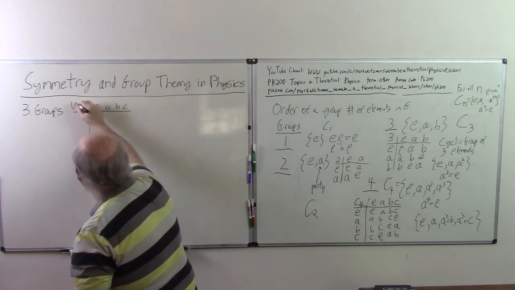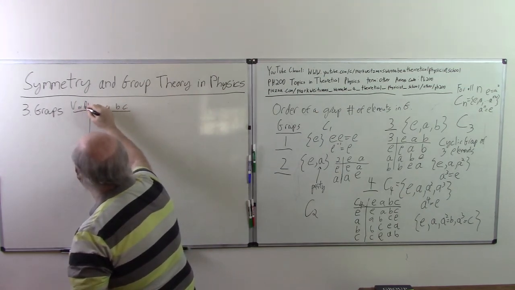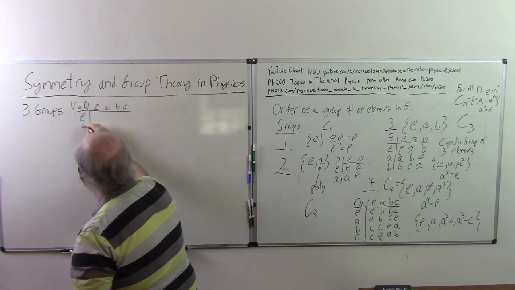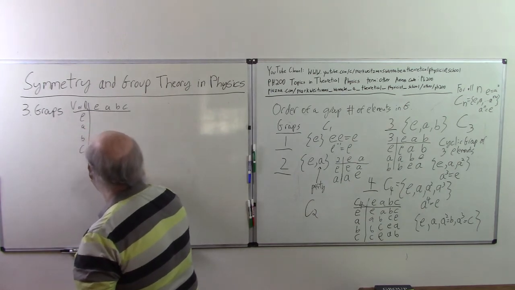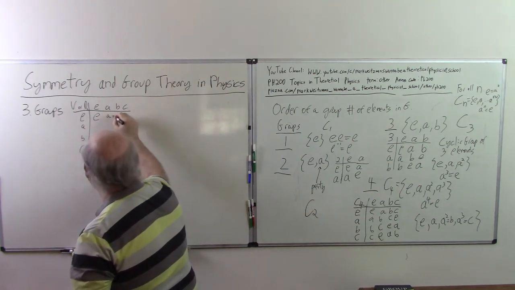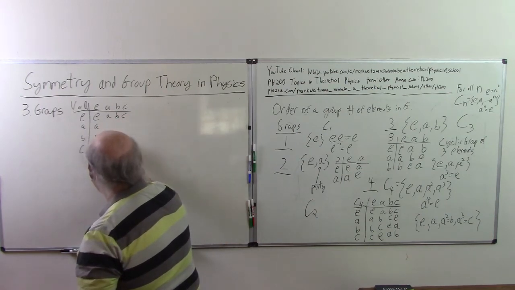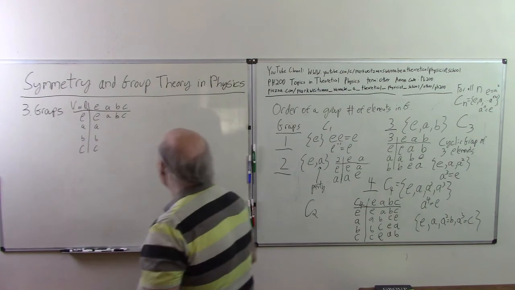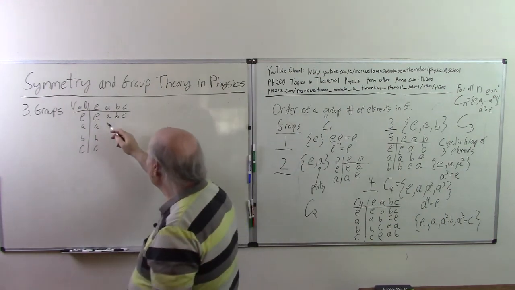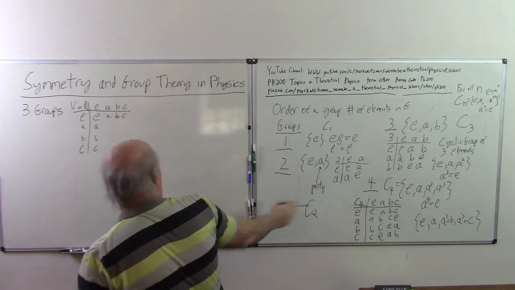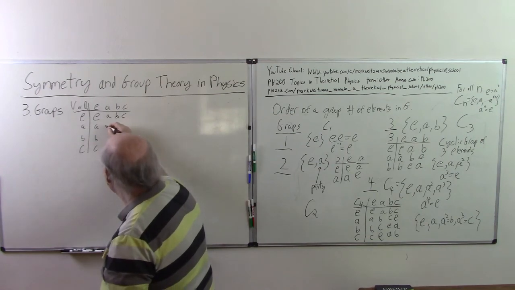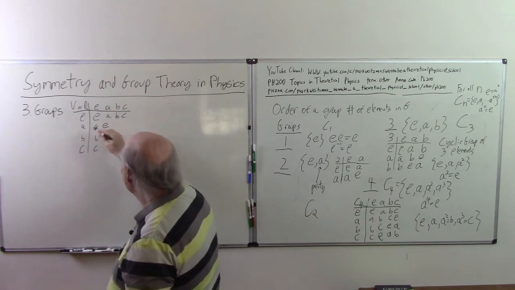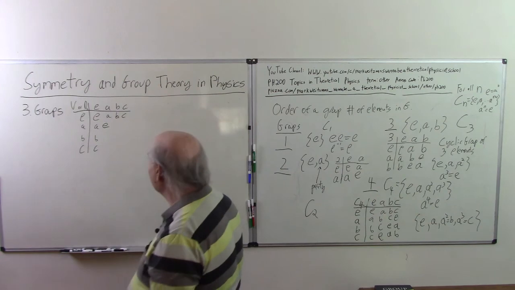This one will really be V or D2. Now, I said before that if we choose B or C here, we're going to end up with the same thing we got before, but there's one other choice, which is A squared is equal to E.